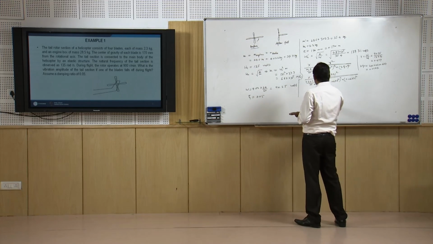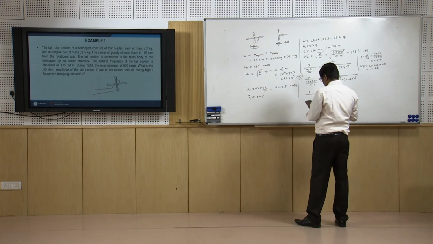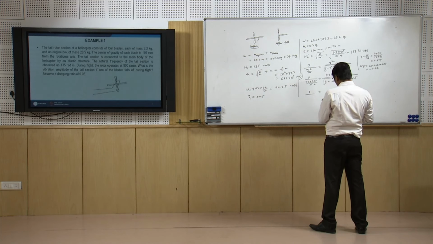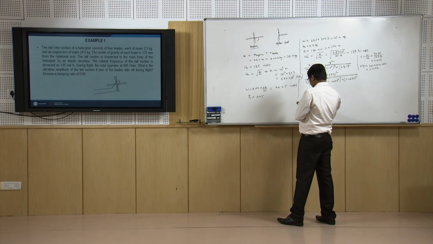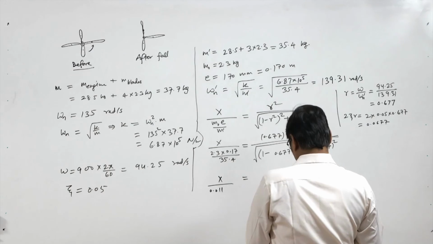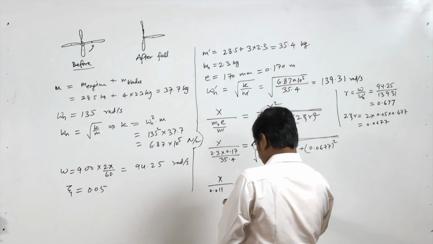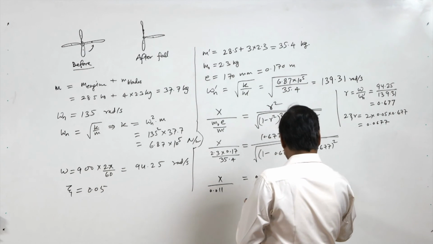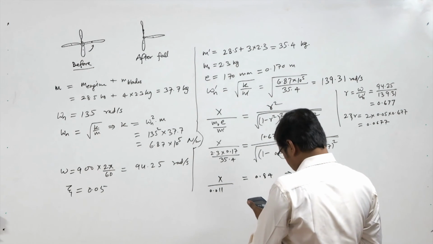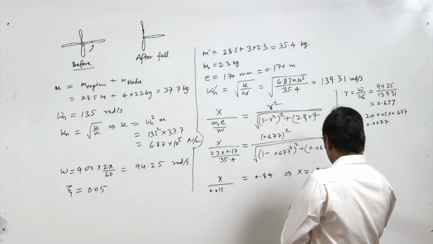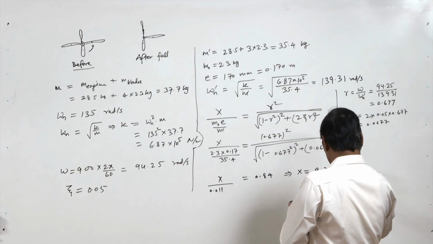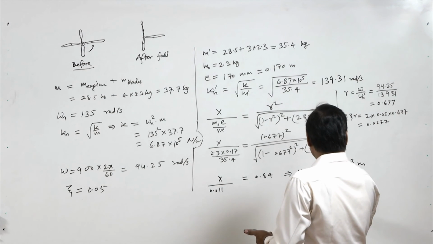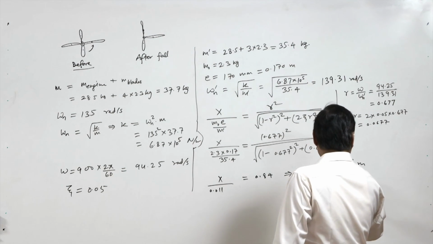So now we can calculate x. So we get x equal to 9.24 into 10 power minus 3 meter.